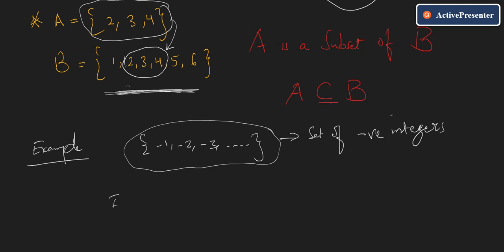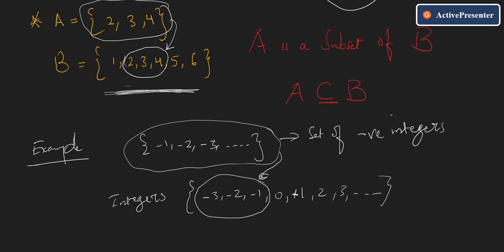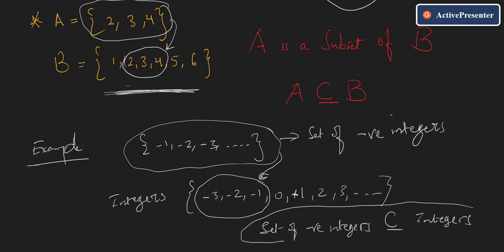We know the integers are -3, -2, -1, 0, positive 1, 2, 3, and so on. So the set of negative integers is a subset of integers. As simple as that.